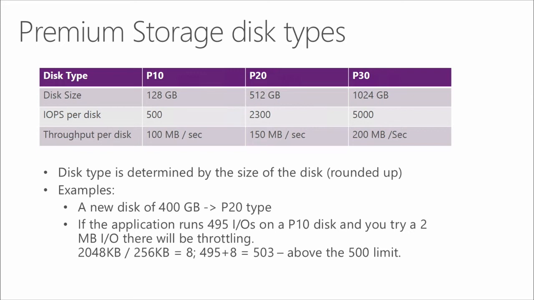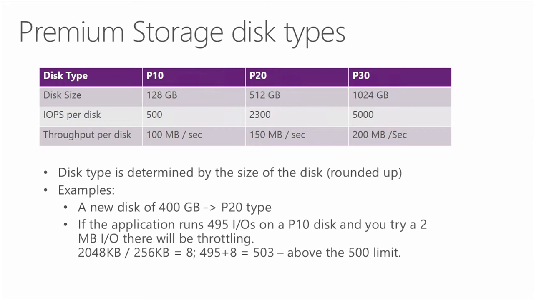It can be a disk of, let's say, 128 gig. The 128 gig disk will be a type P10. It will bring 500 IOPS per disk at a throughput of 100 meg per second.